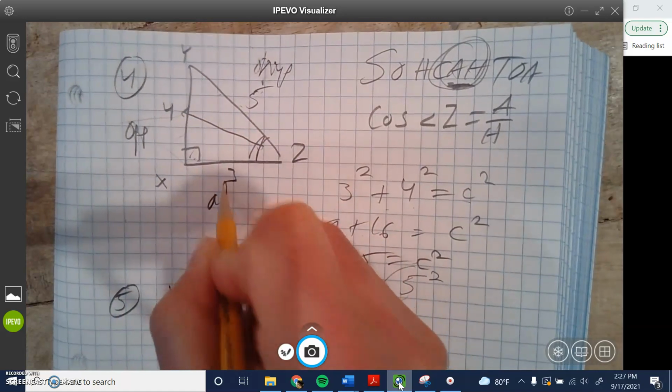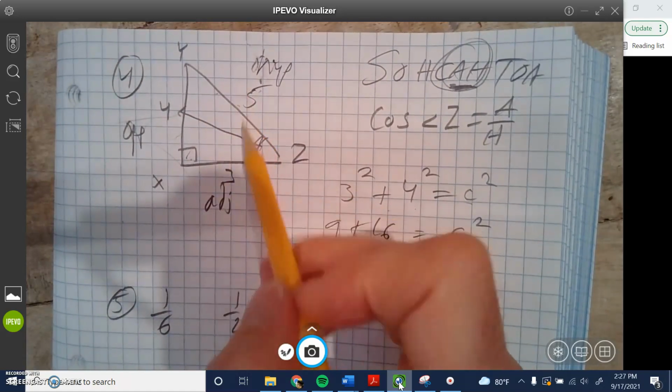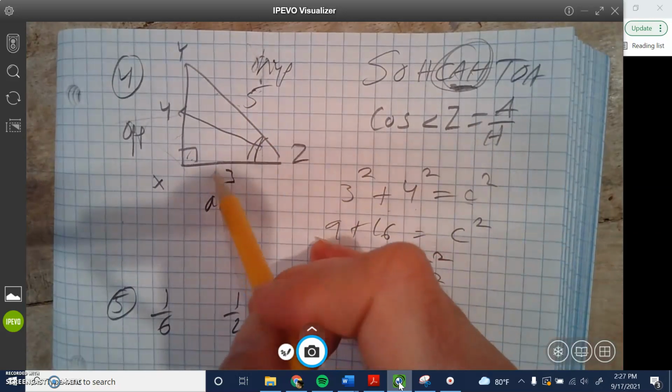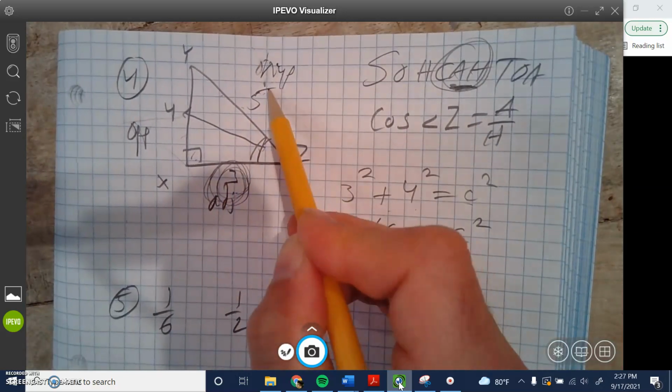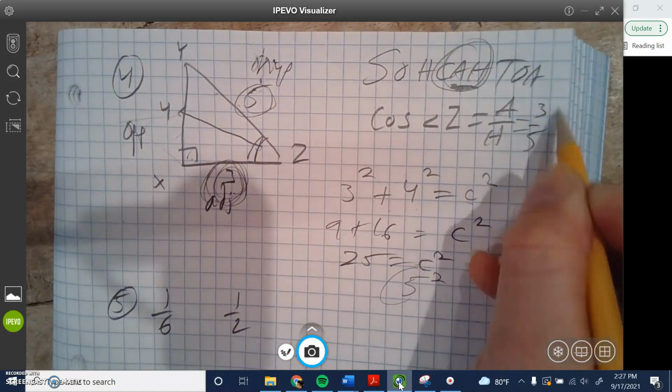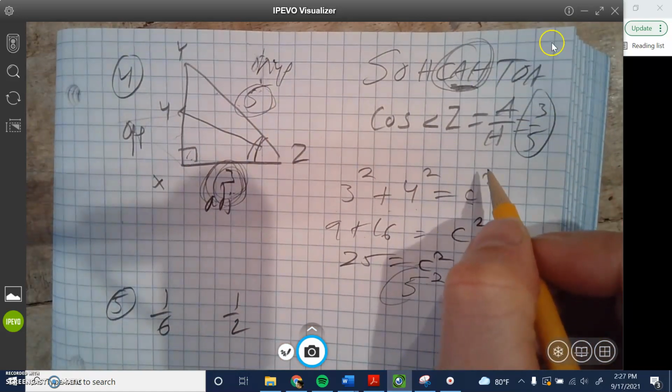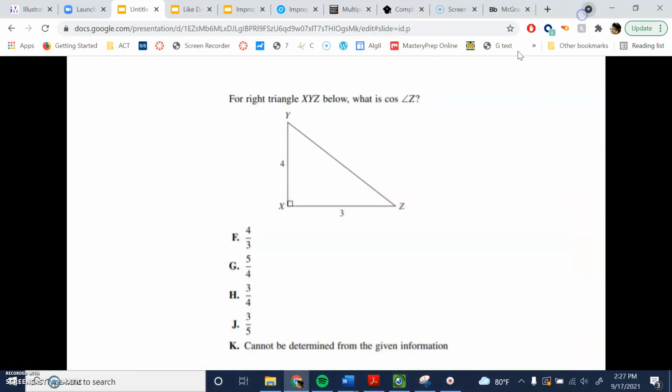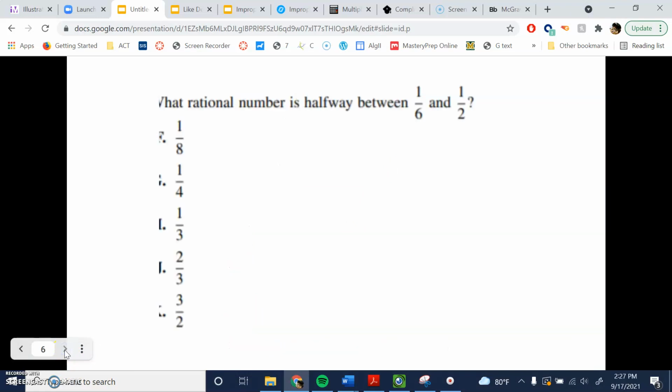And then this side is going to be the adjacent. So what do we have? Adjacent over hypotenuse, so that would be 3 over 5. Cool. All right. So the answer is J. Cool. All right.